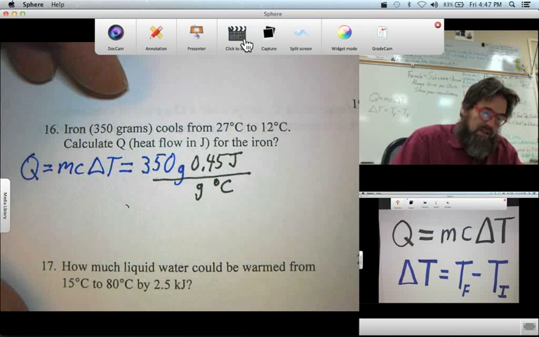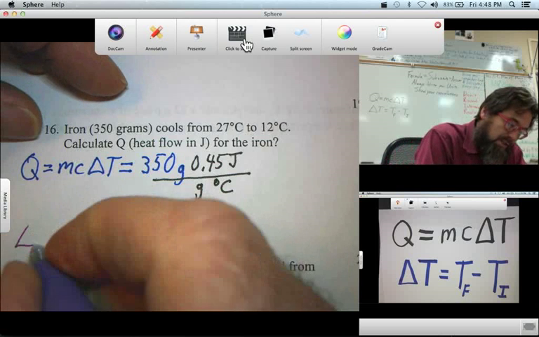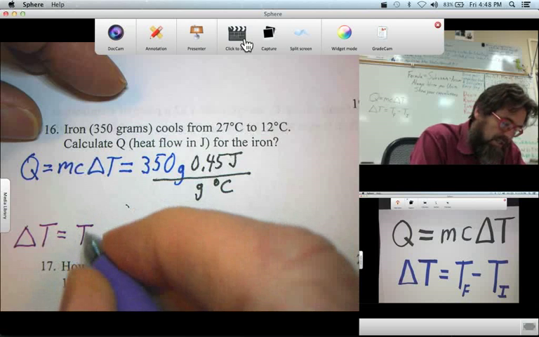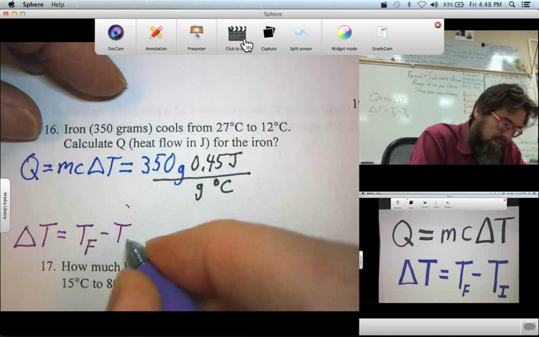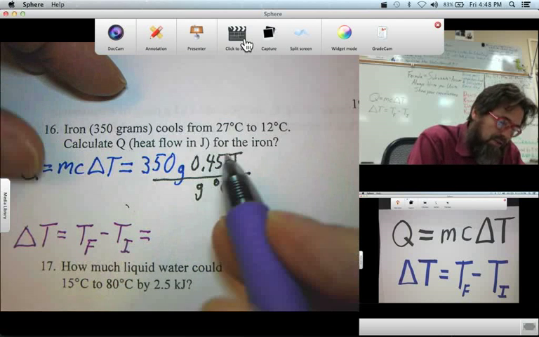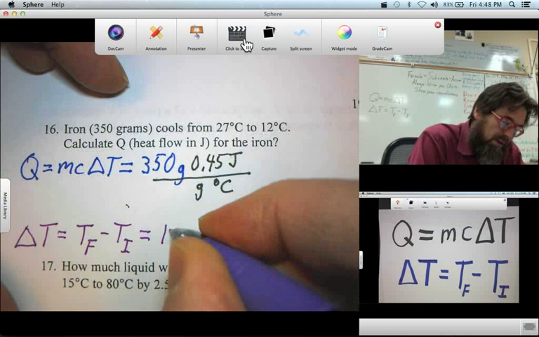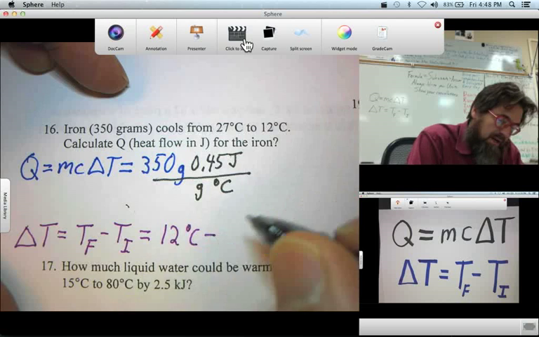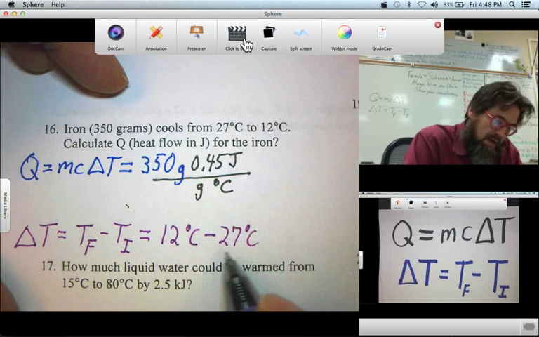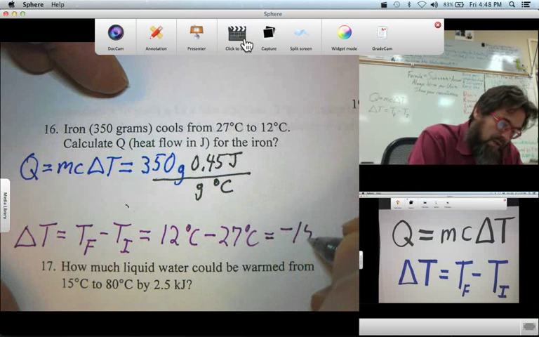What is delta T? Actually, we need to calculate it. What was the change in temperature? The equation, which I'm asking you to memorize, is delta T equals T final minus T initial. Substitute. What is T final? Our iron ended up at 12 degrees C, minus T initial, 27 degrees C. And 12 minus 27 equals minus 15 degrees C. The sign is important.